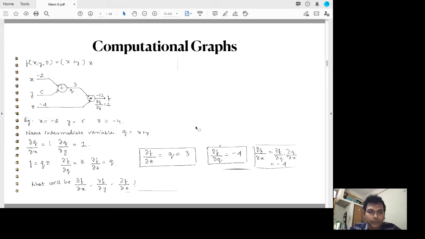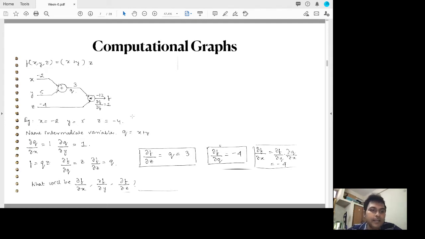So this is another way that I wanted you to look at this particular computational graph. This is very simple in this example, but these intuitions will help you if you go on to do any work with deep learning.